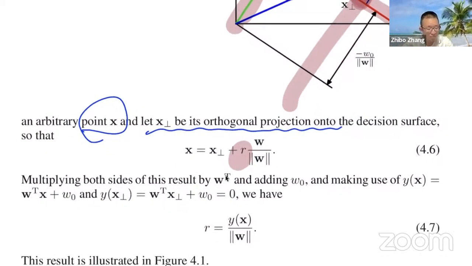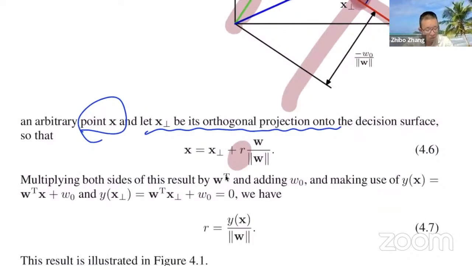Now if you multiply both sides of this result by W transpose and add W0, making use of y(x) equals W transpose x plus W0.